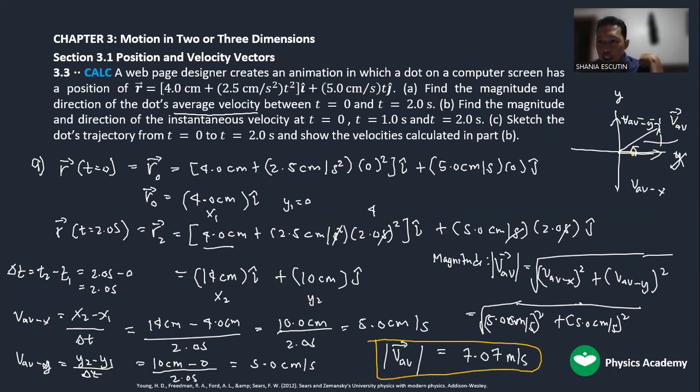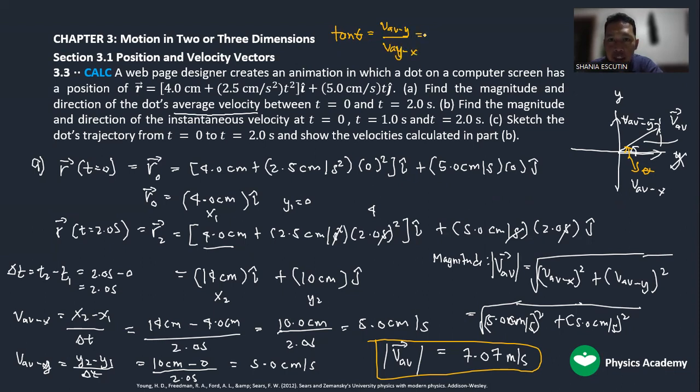To find the angle theta, or the direction, you can use the tangent. Tangent of theta is equal to the opposite, which is the y, over v average along x.